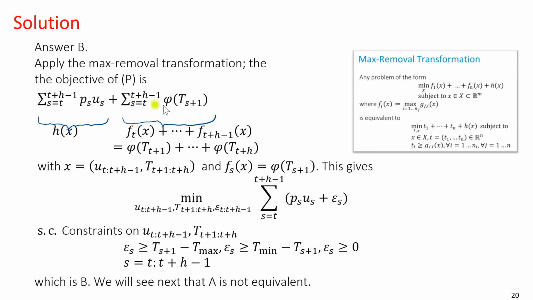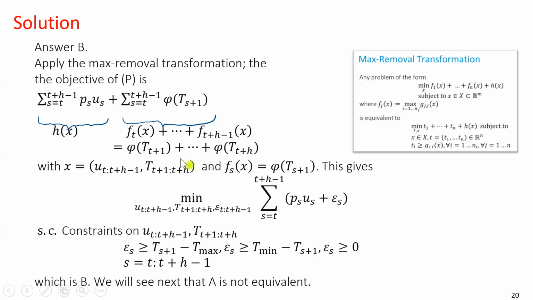Therefore, we can use the max removal transformation. We have seen that if I have to minimize an objective function that is a sum of terms, some terms being themselves the max of several things, then we can replace every max by an additional optimization variable and add the constraint that this optimization variable must be an upper bound to all the members of the max here.